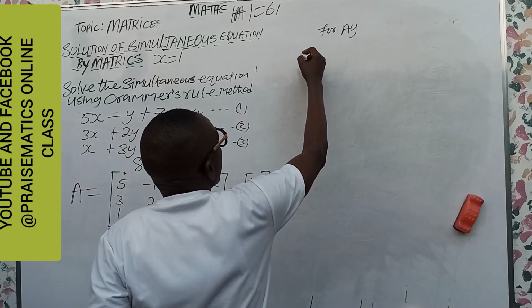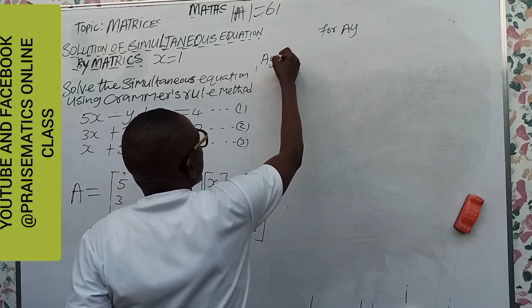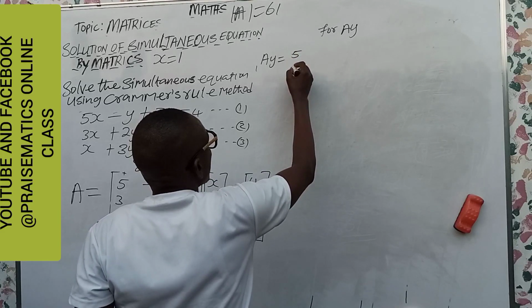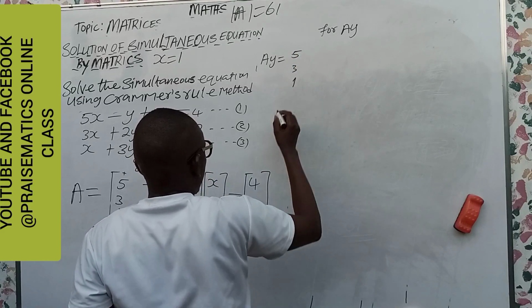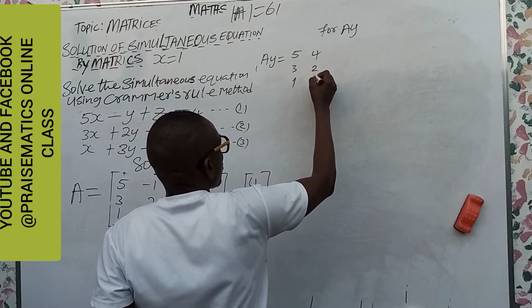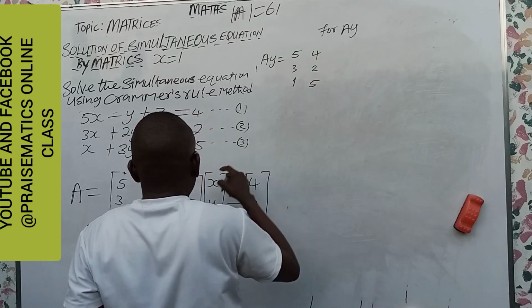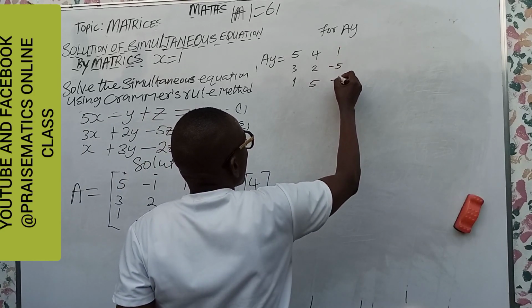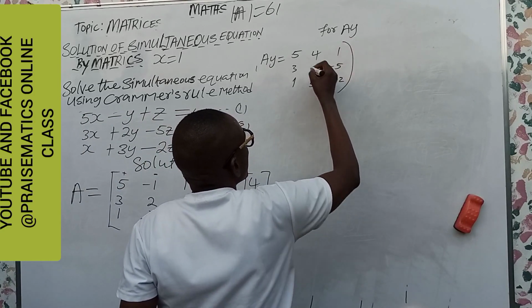So what do we have here? Our Ay equals 5, 3, 1. Now what do we have here in this second? You write this one 4, 2, 5. And what is the remainder here? 1, minus 5, minus 2. Close it.